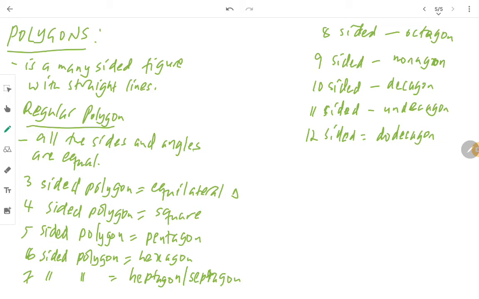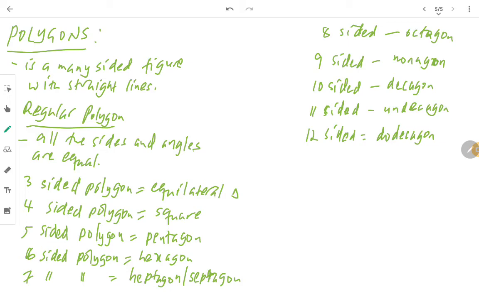Okay, then we have what we call a concave hexagon. Remember a hexagon, we said that it's a 6-sided shape.